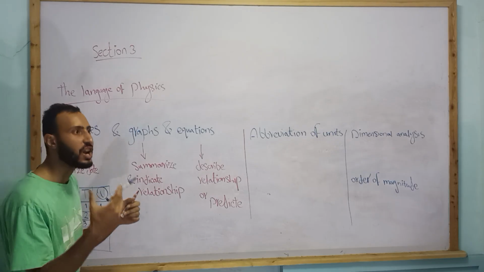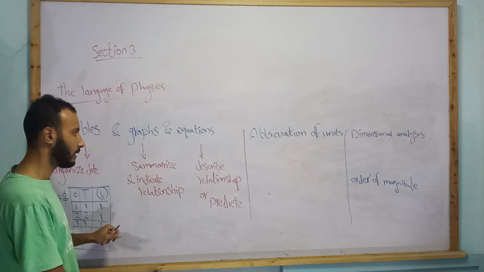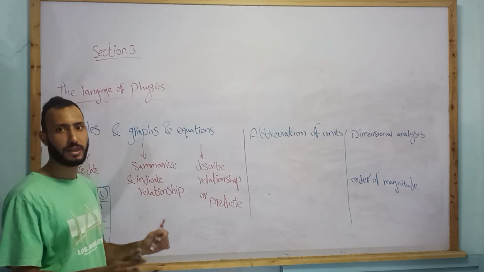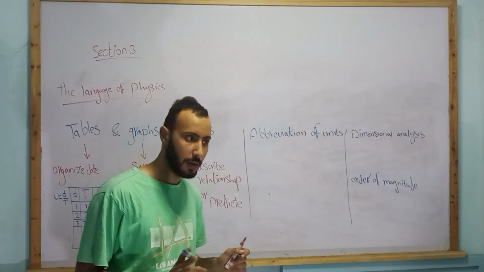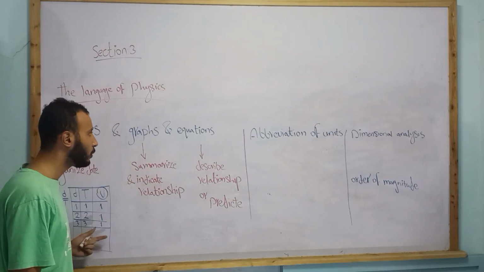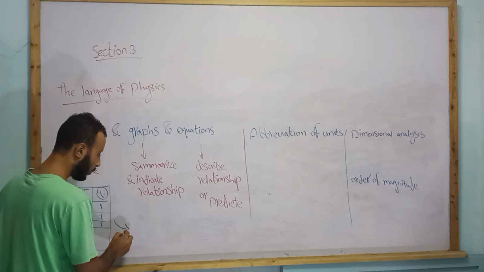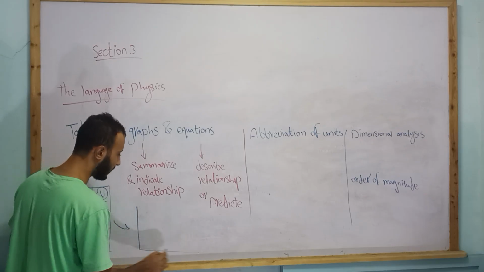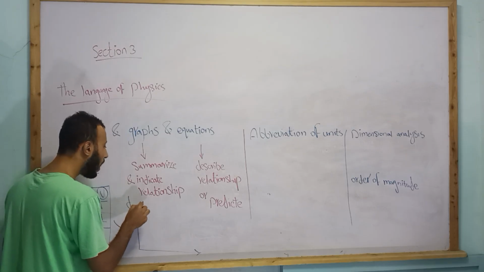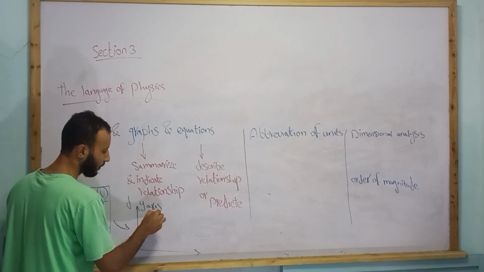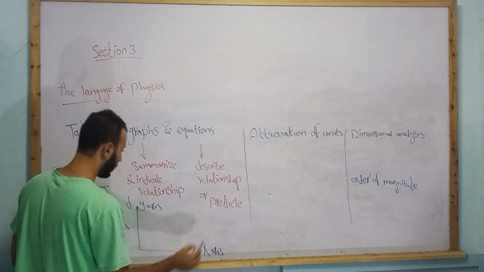So we always arrange or organize our data in a table. The goal of these tables is to organize our data. Then after you organize your data, you can make a graph with it. For example, for the same table, you can put the distance here on the y-axis, and this is called the x-axis.